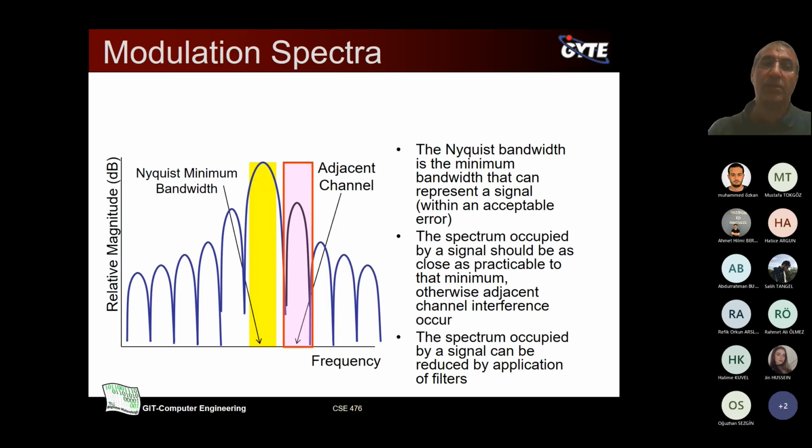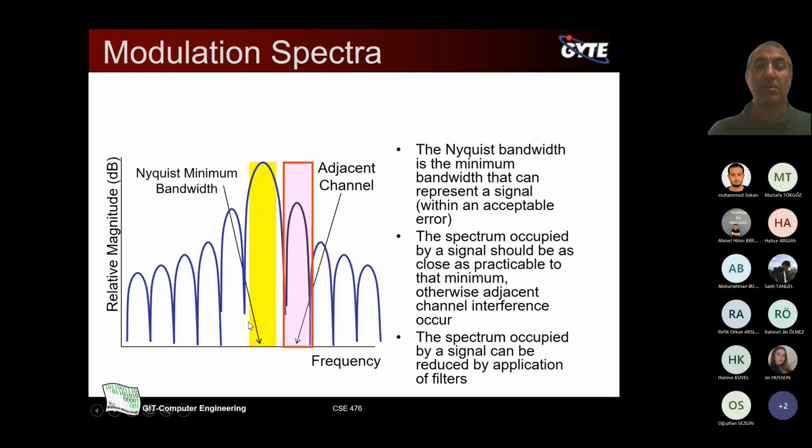This is called modulation spectra. You know, the Nyquist bandwidth is the minimum bandwidth that we can represent a single signal. So the spectrum, you know, this is the band that is allocated to your technology or your service. This is the yellow one.